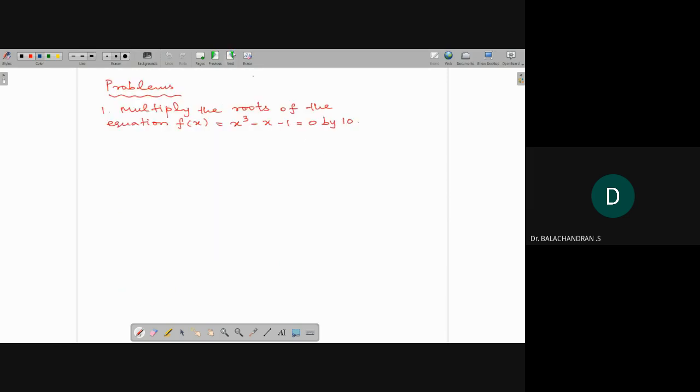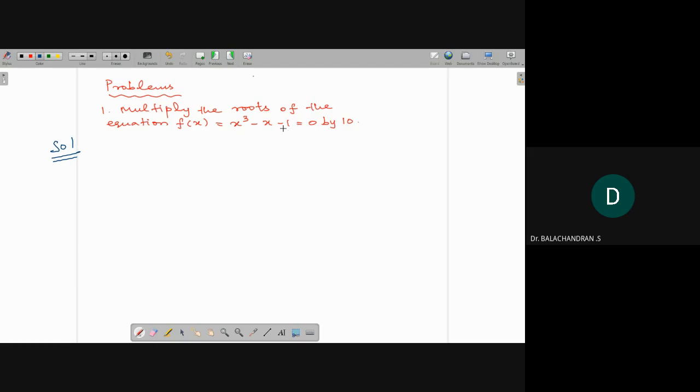Now first question: multiply the roots of the equation f of x is equal to x cube minus x minus 1 equal to 0 by 10. Multiply the roots of this equation by 10. So I need the equation, I don't need the roots, okay?